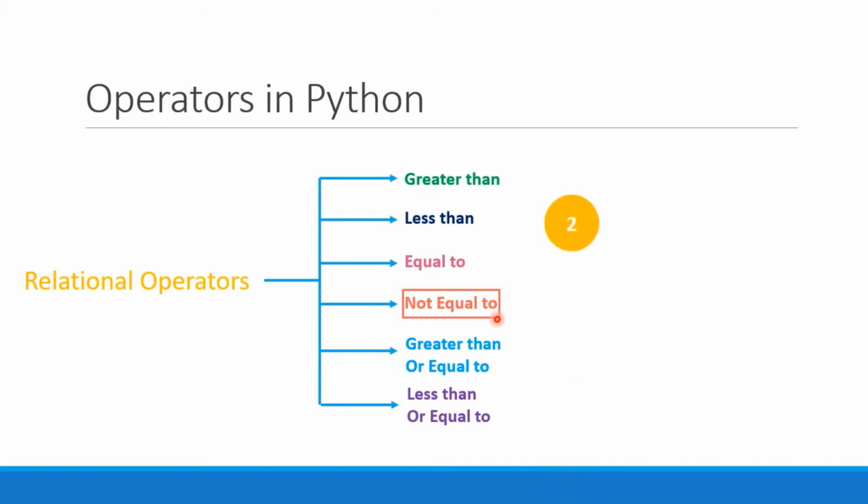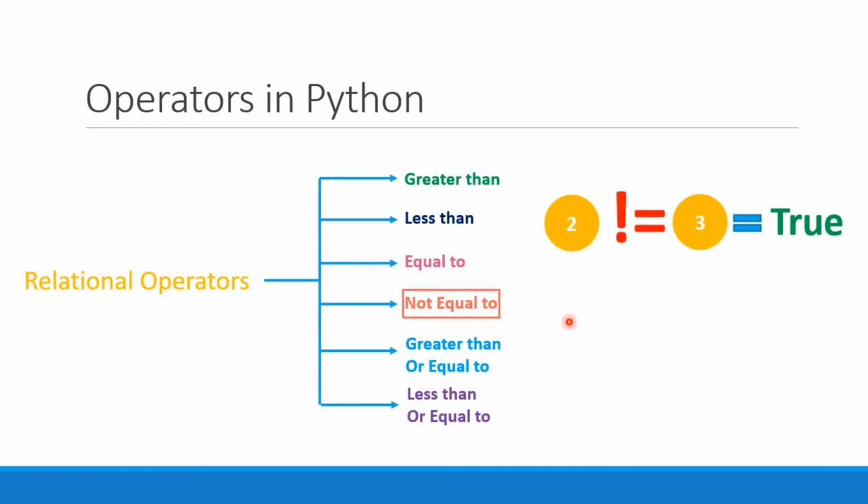Let's say I have two values, 2 and 3, and I want to check that 2 is not equal to 3. Then I can use this symbol. This exclamation mark stands for not, and then equal to. Here you can see that 2 is not equal to 3, the condition is true, so the answer would be true.